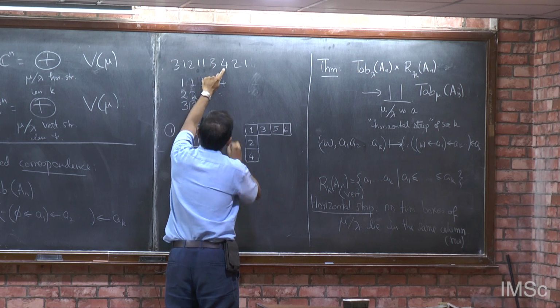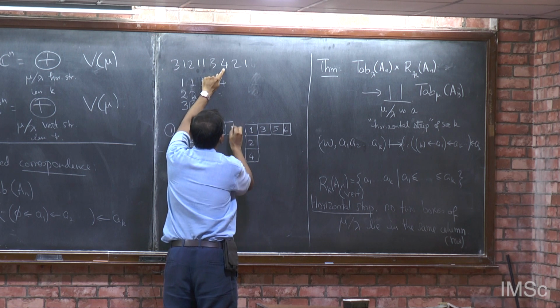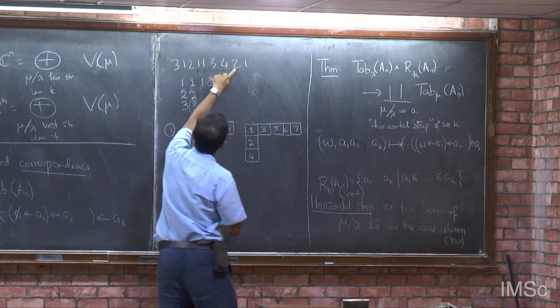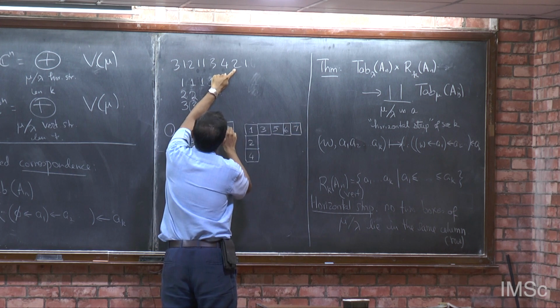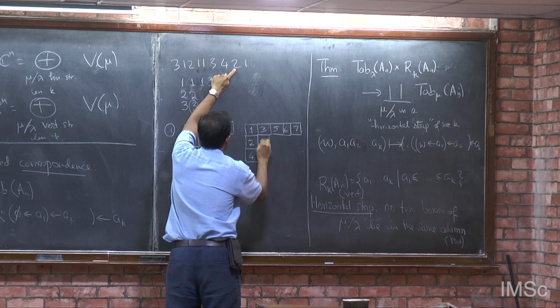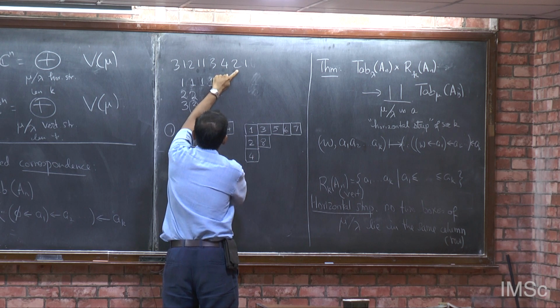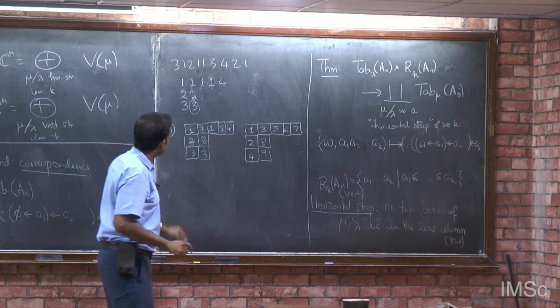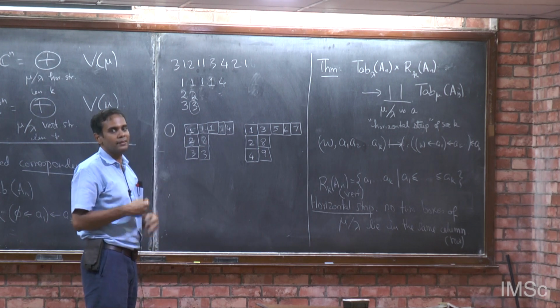I add a 4. This is the seventh box to appear, and then some funny stuff happens. This 2 goes up here, and so the 3 comes to rest here. So, this is the eighth box, and then when I add the 1, this is the ninth box. So, if I keep track of this data and I have this, then I can reverse the whole thing.